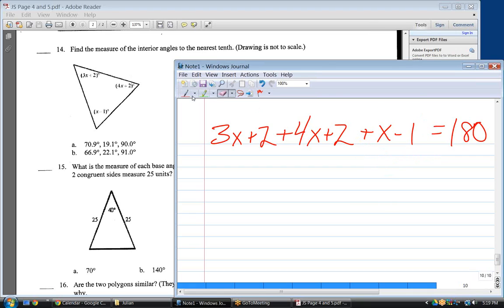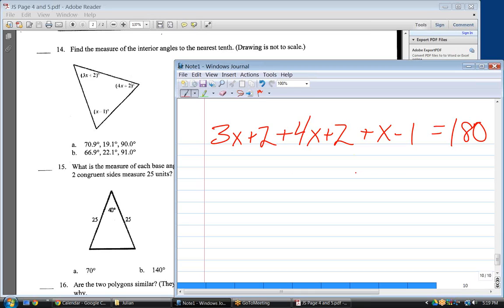That's why I didn't need parentheses, because I'm adding 3 angles together. Other problems are different. If you're subtracting binomial terms like this, then you do need to use parentheses, but only when subtraction is going on.